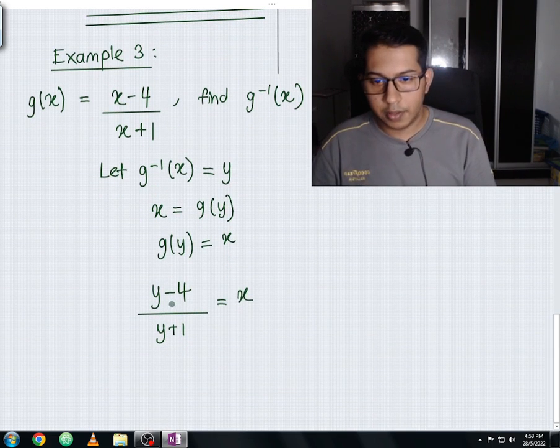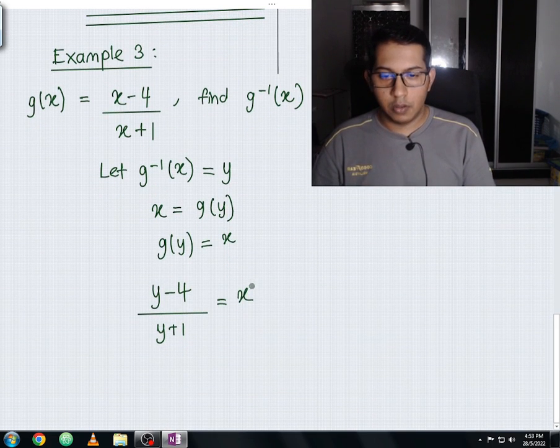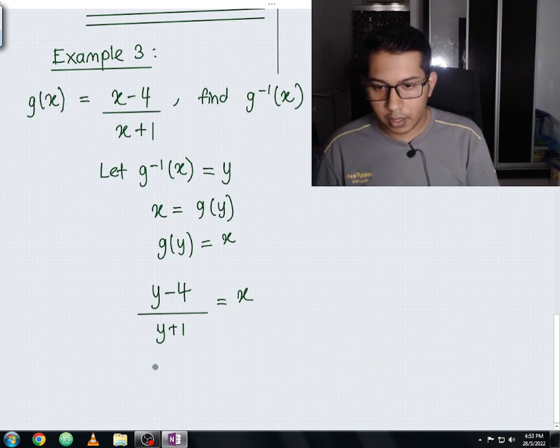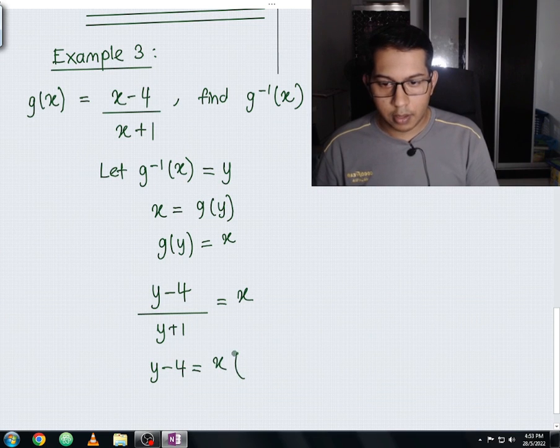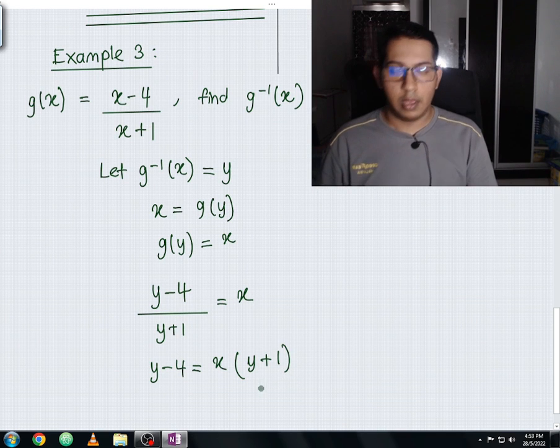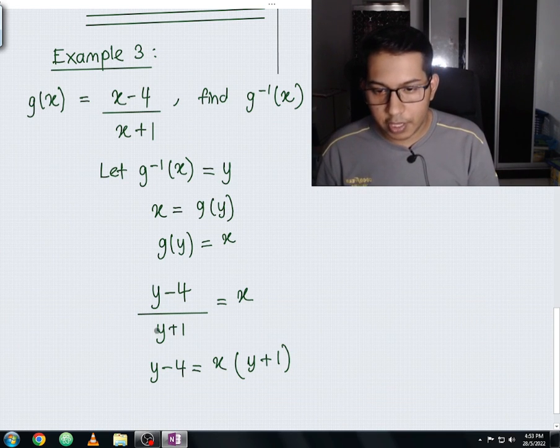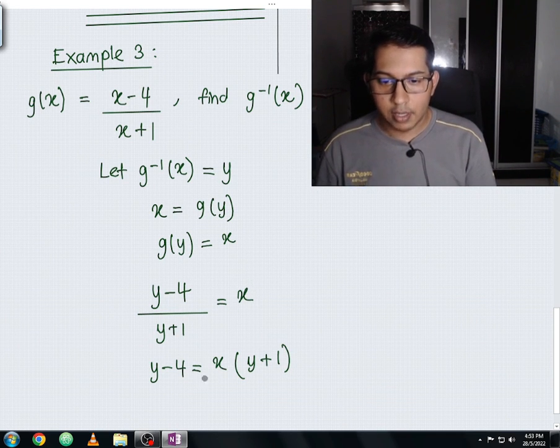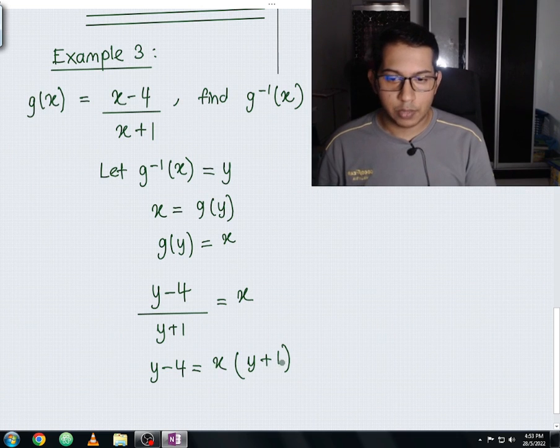So from here, we're going to multiply over here. Y minus 4 equals x in a bracket y plus 1. The denominator we move times with the x, so we get x in the bracket y plus 1.